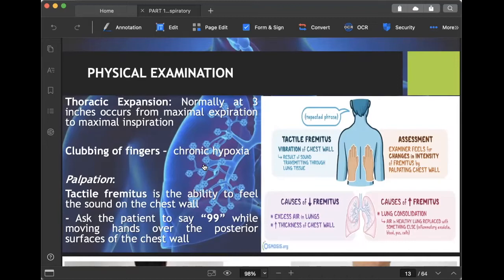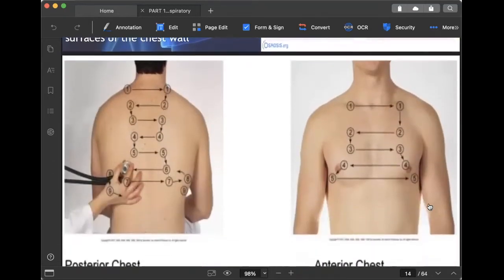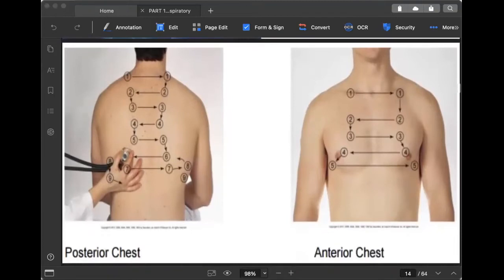This is the ability to feel the sound on the chest wall. You can see here in our illustration, just like this one. Ask the patient to say 99 while moving your hand over the posterior surface of the chest wall. Okay, so this is the proper lung assessment.